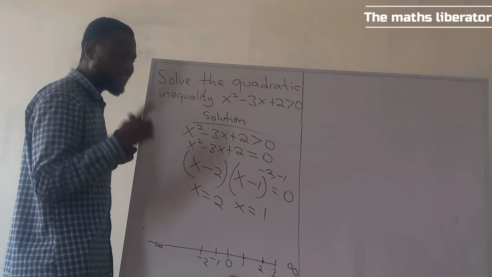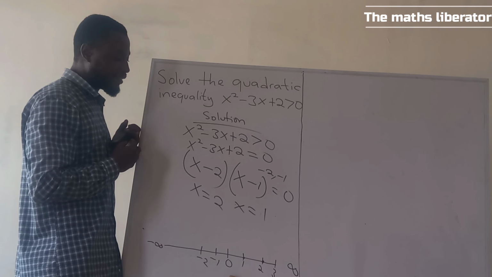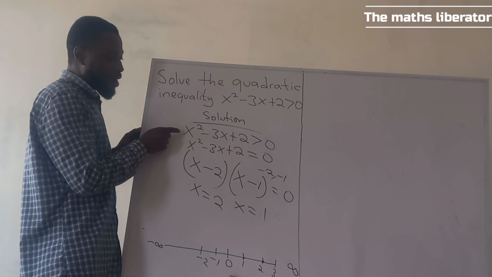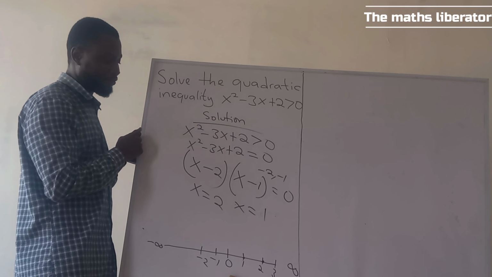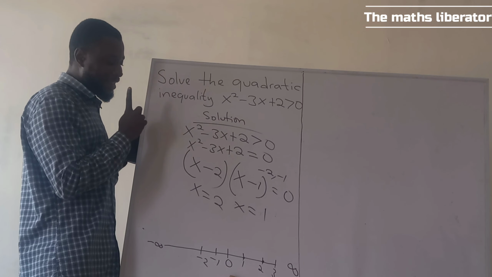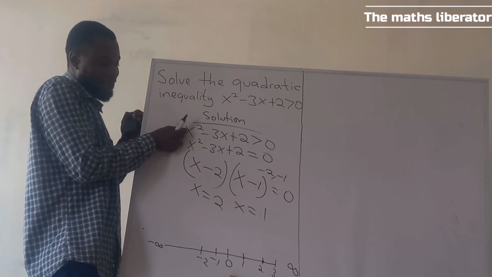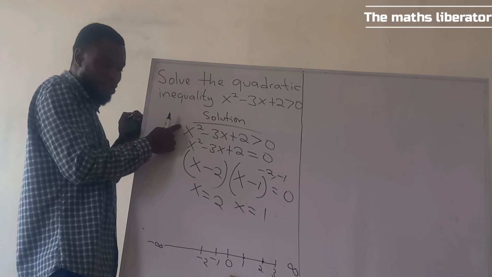Good. Now the third step is to look at the quadratic inequality question being given. What's the leading coefficient of the x variable? The leading coefficient here is a hidden one, which we don't write.